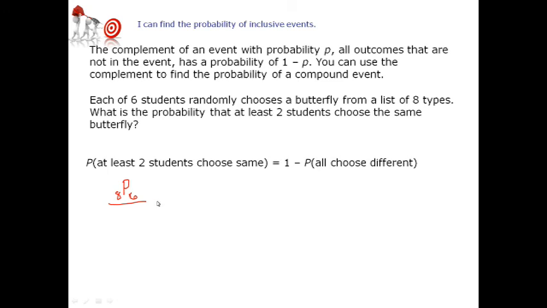So how many different ways can 8 butterflies be chosen? Well, one student could choose 8 butterflies. The second student could also choose 8 butterflies, as well as the third, fourth, fifth, and sixth. So 8 butterflies can be chosen in 6 ways. So I'm going to stick that into my calculator.